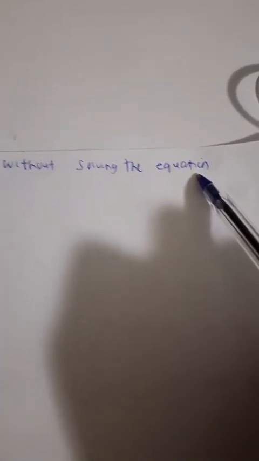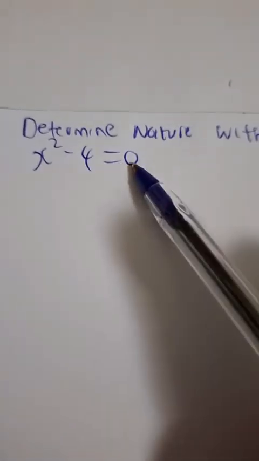I now want to use the discriminant so that we can determine the nature of roots without solving the equation. And remember, if they say determine or discuss the nature of roots, we always take it that the simplest way is to use the discriminant.